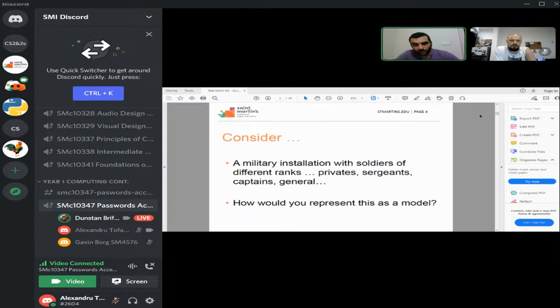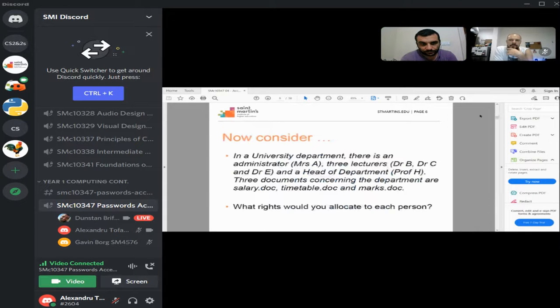If we want to implement a certain level of access control, how are we going to represent this? This model is one way of doing it, but it is limited to certain situations, like, for example, the army.